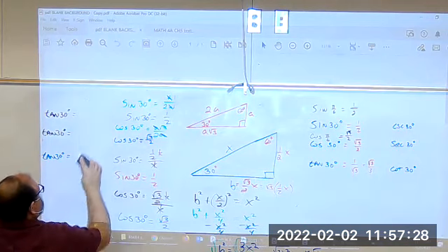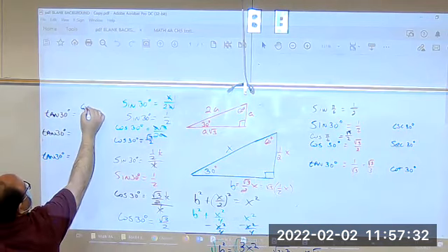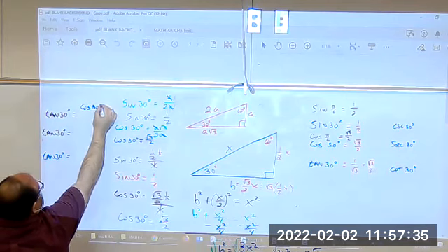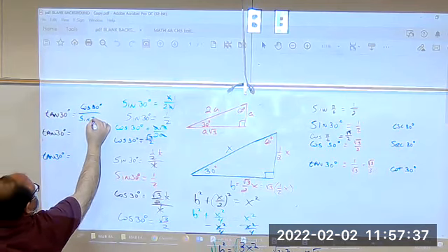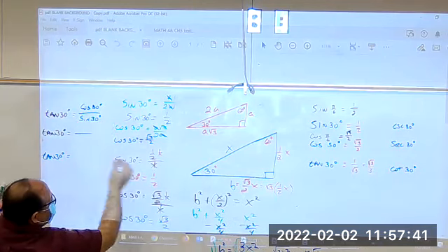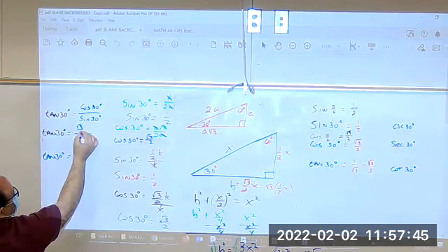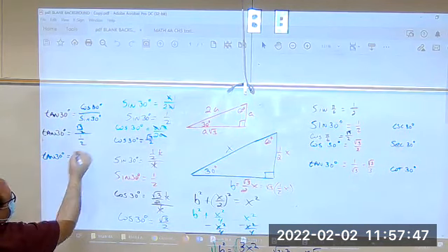It's not sine over cosine. Cosine 30 over sine. So that's cosine, square root 3/2, and you're dividing by 1/2.